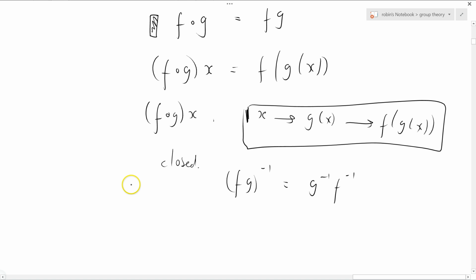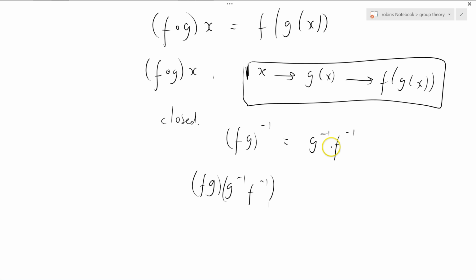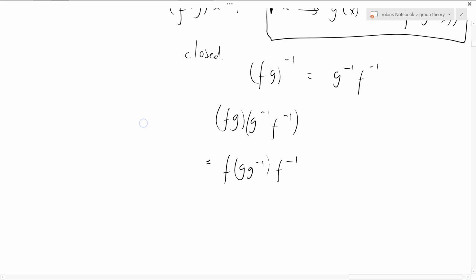So there it is. How do I know that that's the case? Well, fg times g minus 1 f minus 1, well, it ought to be the identity. If I'm asserting that this is the inverse of fg, then multiplying these two guys together should be the identity. This is associative, so f, g, g minus 1, f minus 1, oops, equals f composed with f minus 1, which is just the identity element.